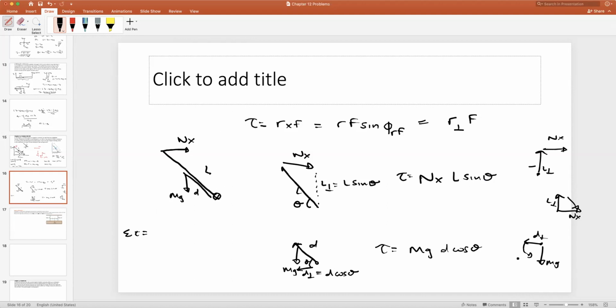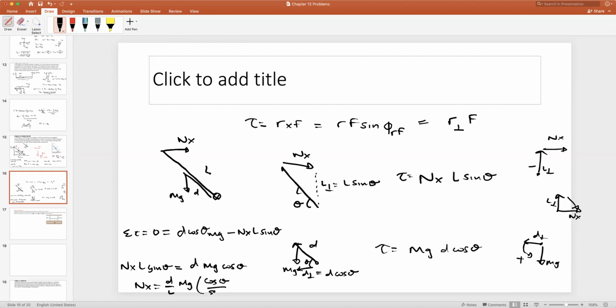This one's turning counterclockwise, so it's positive. So 0 is D perpendicular, which is D cos theta mg, minus nx L sine theta. Moving that over, I get that nx L sine theta is D mg cos theta. And finally, I get that nx is D over L times m times g times cos theta over sine theta.